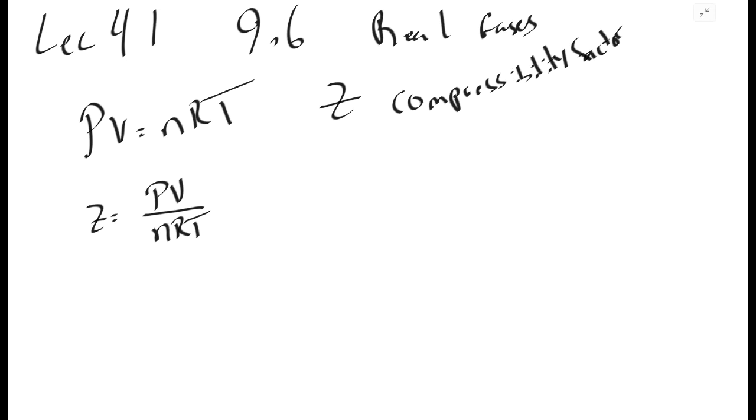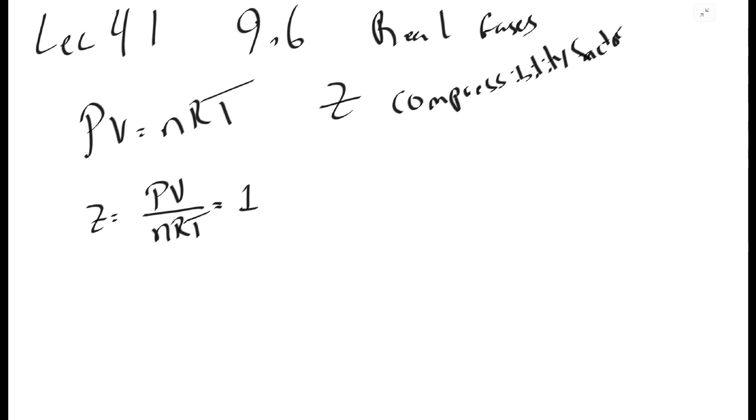You'll often see it written in other ways, but PV over nRT for an ideal gas is equal to 1, because for an ideal gas, PV is equal to nRT. So if you can measure the compressibility, and it's possible to do so, and measure how it deviates from 1, then you are measuring the deviation from ideal behavior. So it's a useful measure for that all by itself.